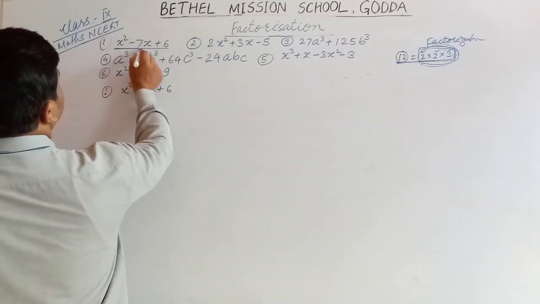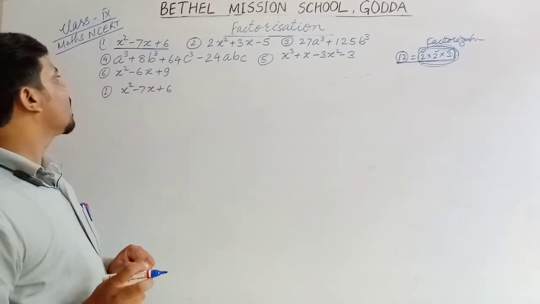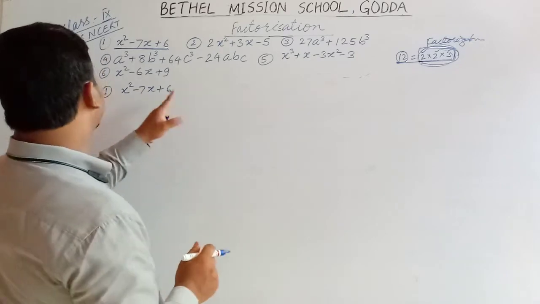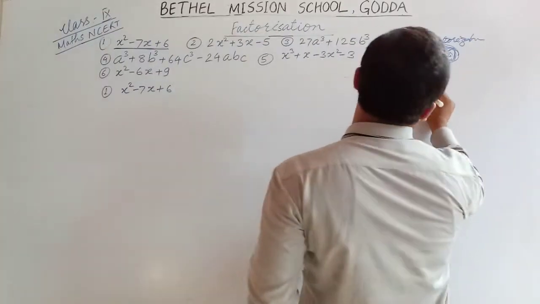Now one polynomial, x square minus 7x plus 6, you can see on the board. By which property will you factorize this? There are many properties.